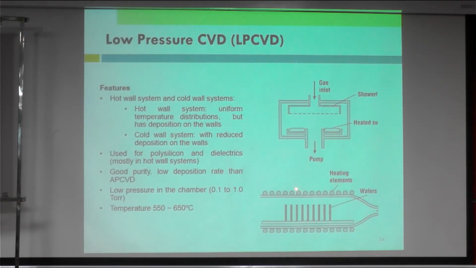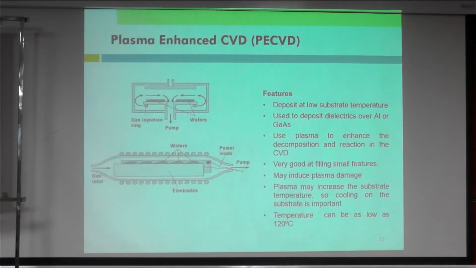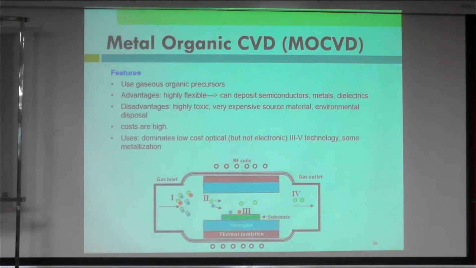You have different arrangements as well. This is LPCVD, and this is a kind of PECVD setup layout. With different setups and arrangements of the CVD, you can have different quality of the deposited film.